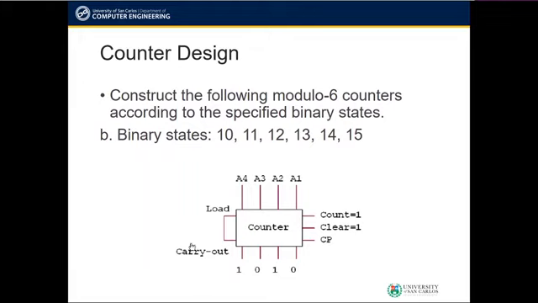The carry out output will be 0 again, and the counting operation continues starting back at 10. Thus, the binary counts of 10, 11, 12, 13, 14, and 15 shall keep on repeating.